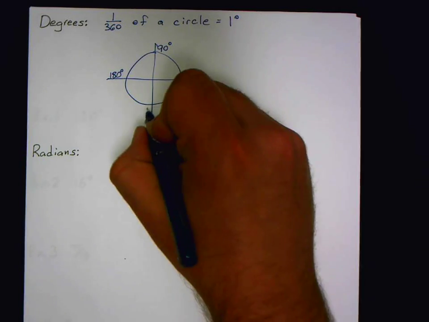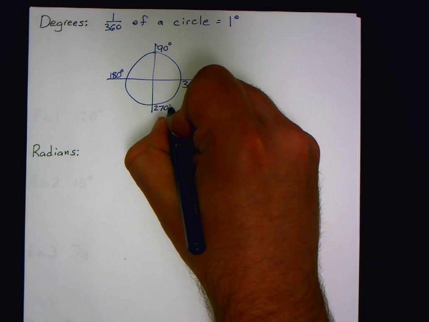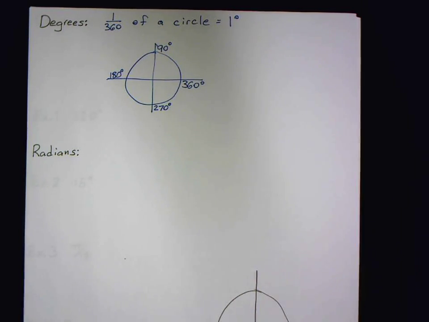So just to finish it off, 270 is down here. And again, you guys are used to working with degrees. Important degree measurements that we're going to be working with are 30 degrees, 45 degrees, 60 degrees. We're going to be doing geometry with your 30-60-90 triangles, 45-45-90 triangles, that kind of stuff.